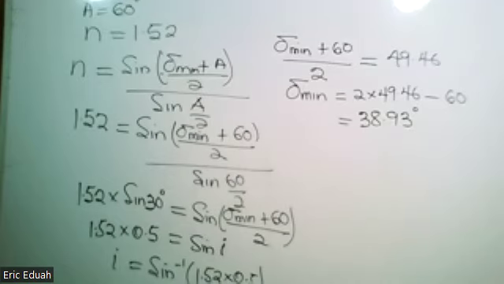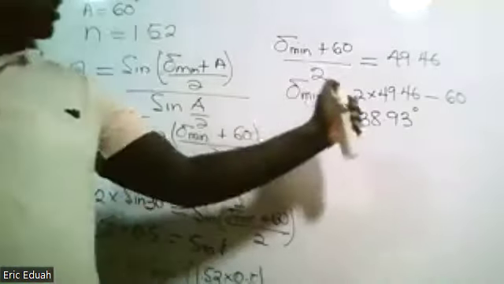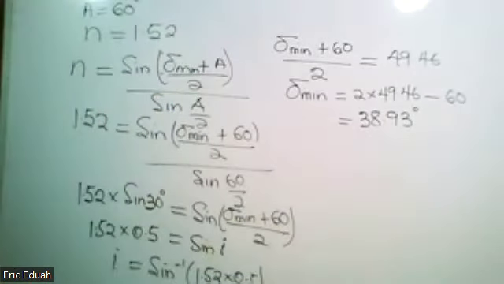So a ray of light experiences a minimum deviation. Okay. So usually what informs us that we are at the minimum deviation or not? The question must say it.